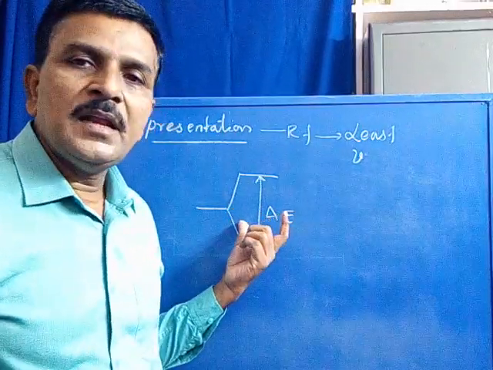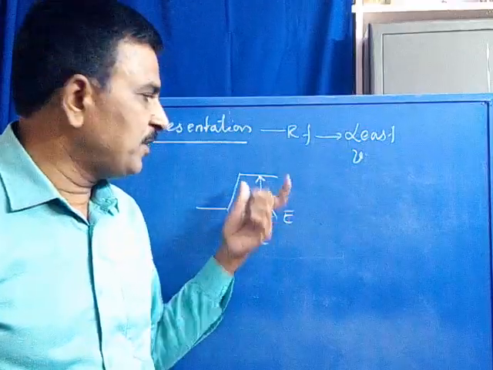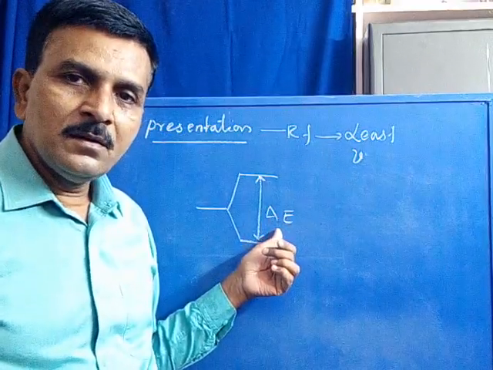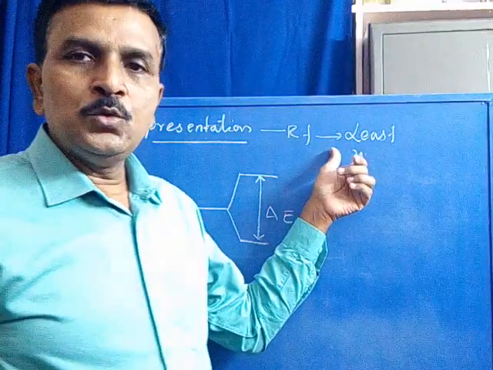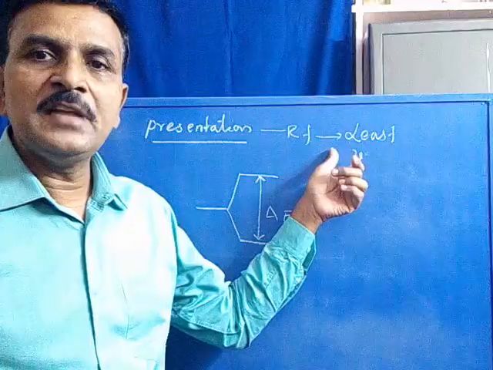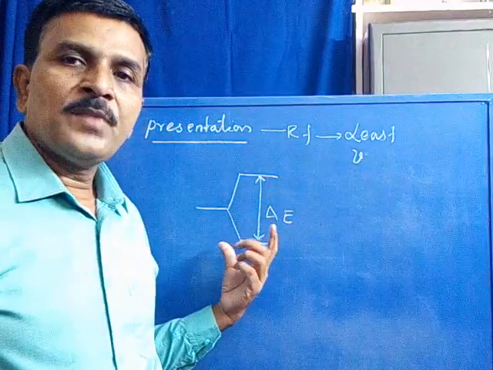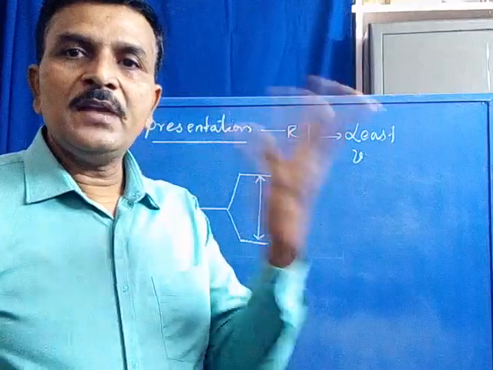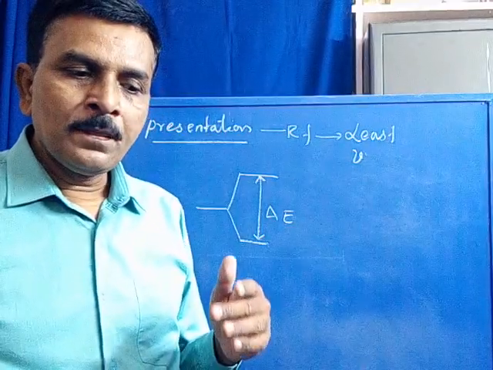One is the energy gap between the two energy levels of spin active nuclei is small, and the energy used in the technique belongs to radio frequency energy, which is least energetic. So a spin active nucleus requires least energy for its spin transition.